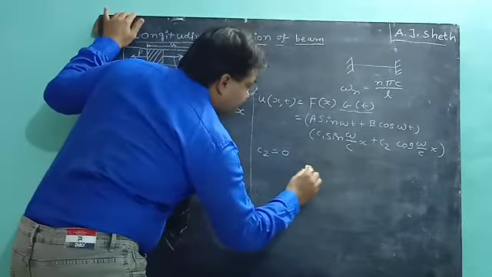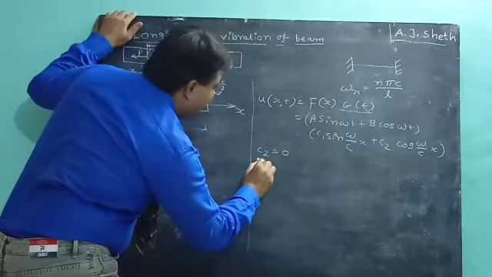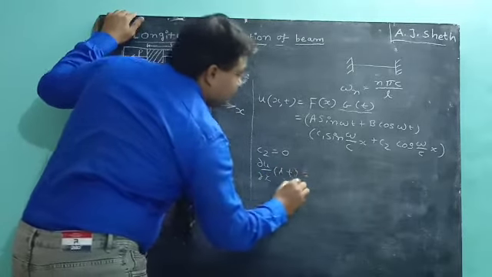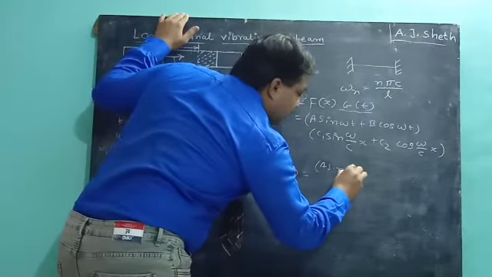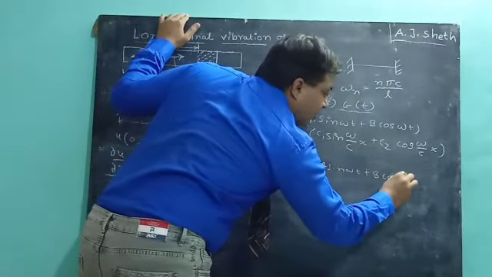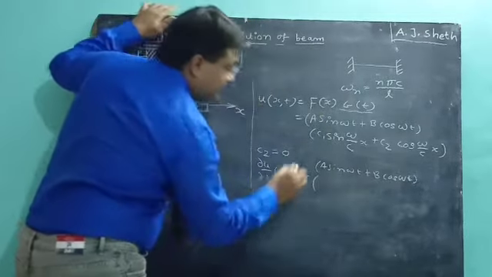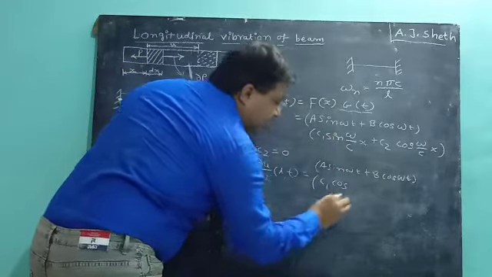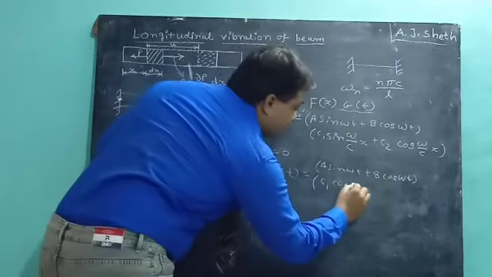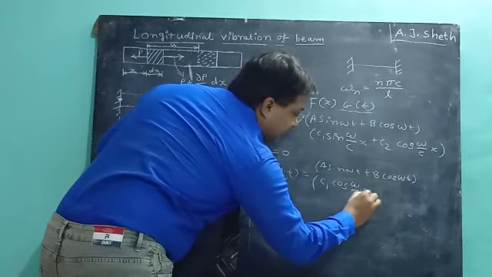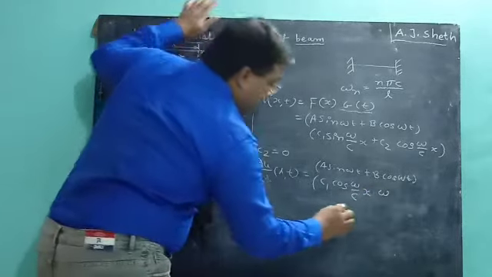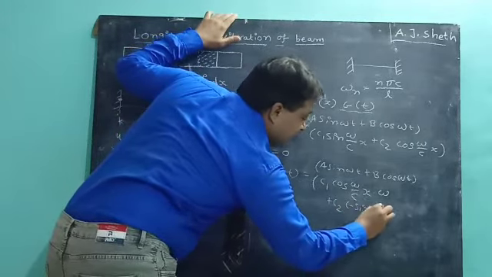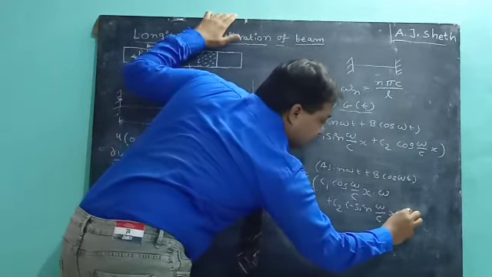So the differentiation will be del u by del x at L, t is equal to a sin omega t plus b cos omega t, into the first one, c1 times the differentiation of sine, which is cos (omega by c) x into omega by c, plus c2 times minus sin (omega by c) x into omega by c.